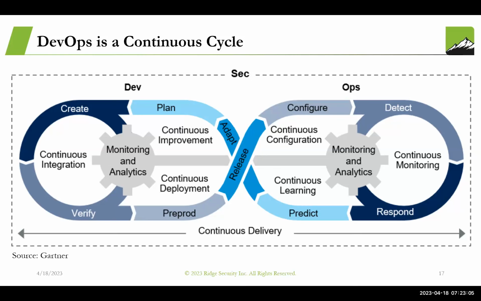Now, I want to bring your attention to 2 special loops in this diagram. On the Dev side, you can see that we have a create verify loop with a comment that says monitoring and analytics. This refers to the unit testing that happens by the dev engineer, the feature testing that happens by the QA engineer, and the pen testing or any other kind of security testing that happens by the security engineer.